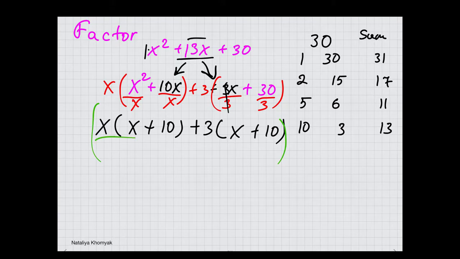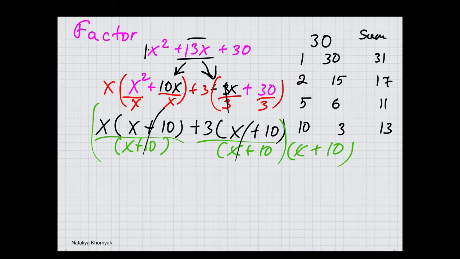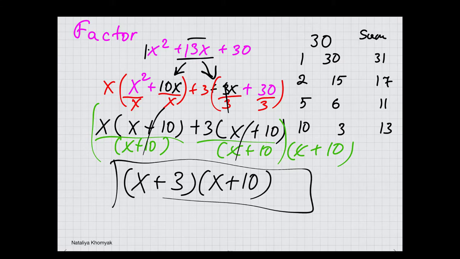Now let's factor out the parentheses, x plus 10. This and this will cancel and the whole thing will become x plus 3 times x plus 10. And this is our solution.